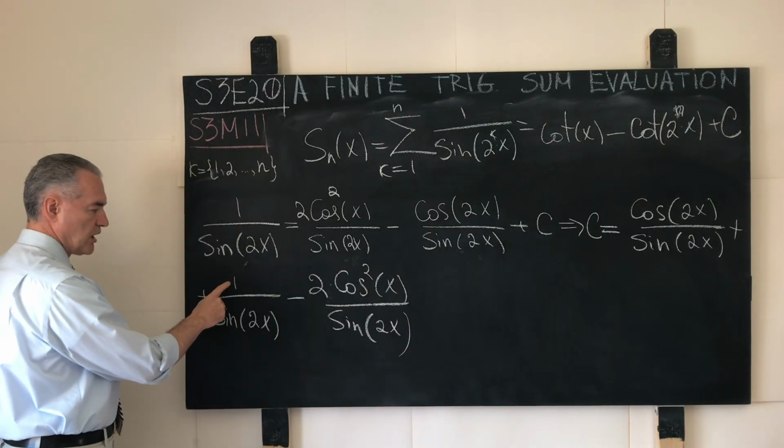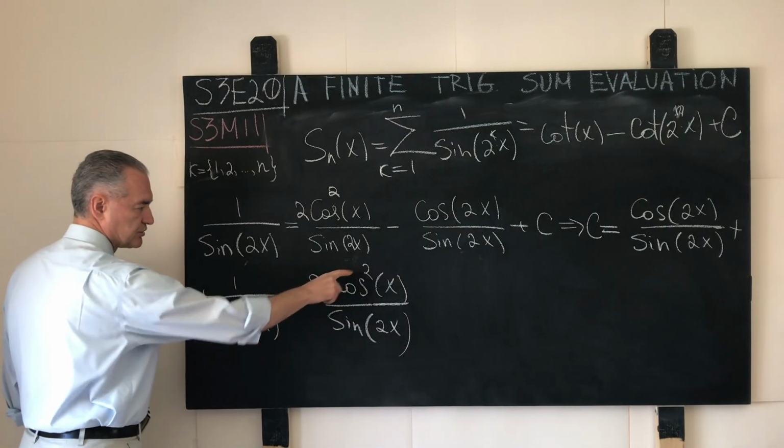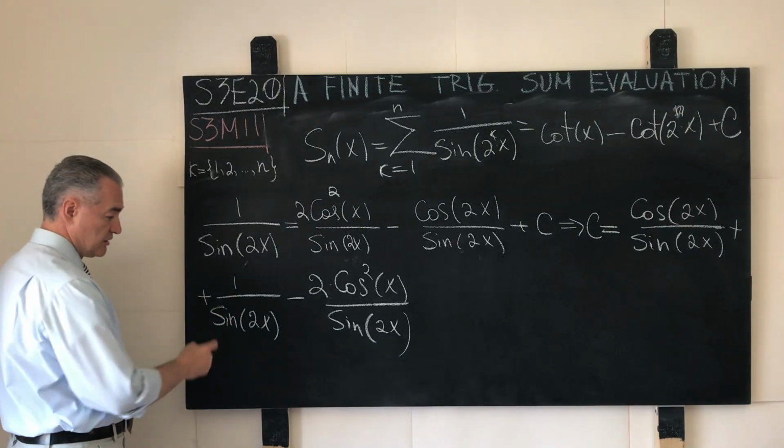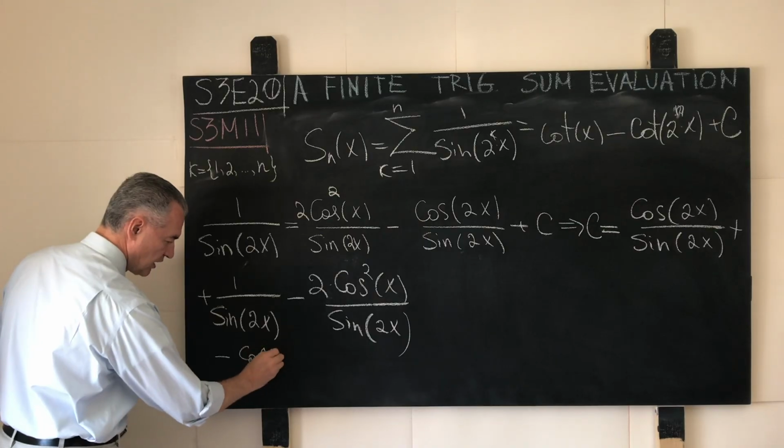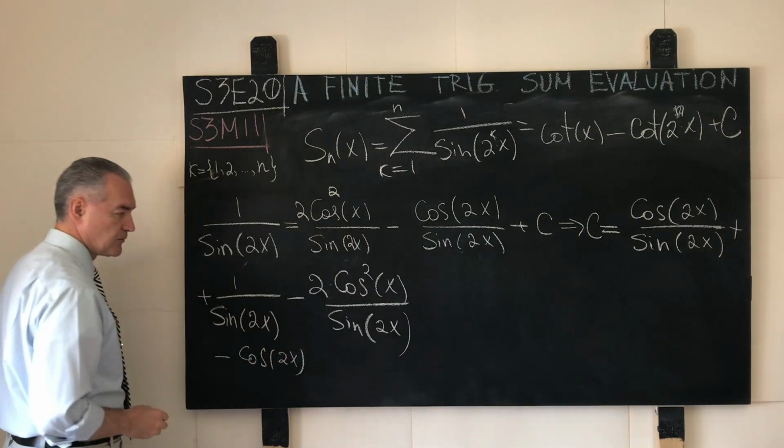And what do we call 1 minus 2 times cosine squared of x? Well, this beautiful mess over here becomes minus cosine of 2x. Would you agree?